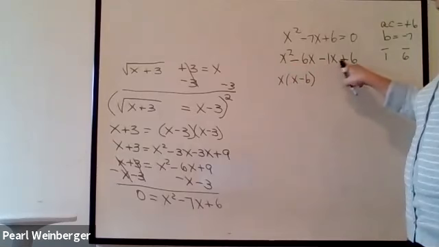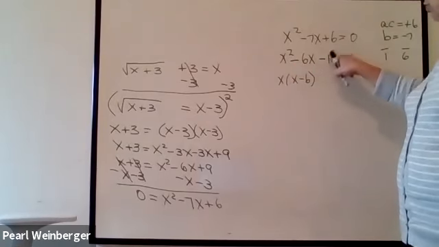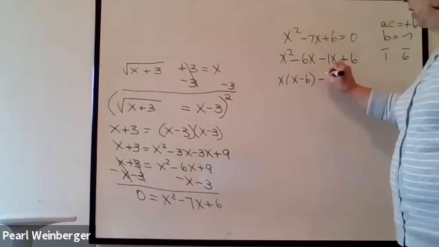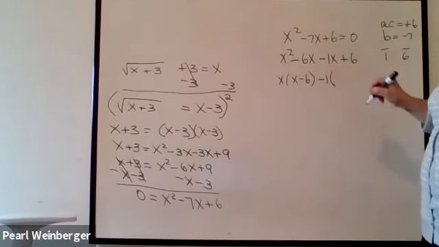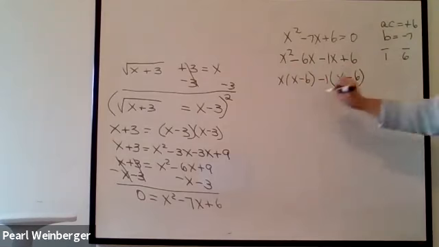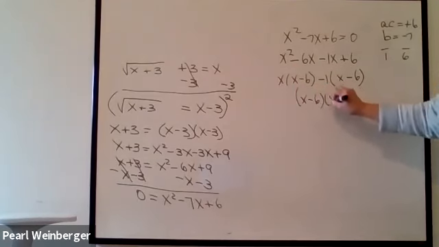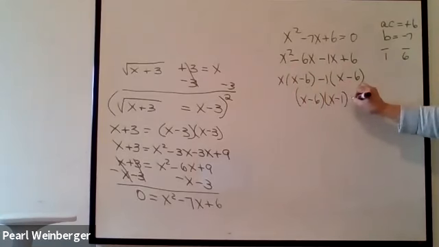And here my common factor is just, well, it's just a 1, but it's a -1 because the middle term there is negative. So this becomes x and -6. So here we are. X minus 6 times x minus 1 equals 0.